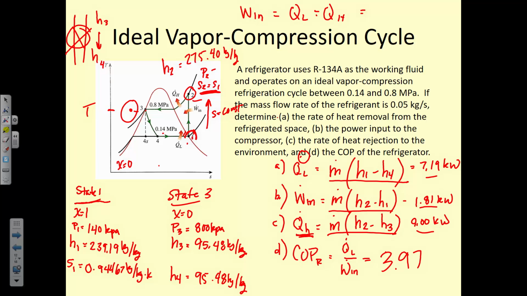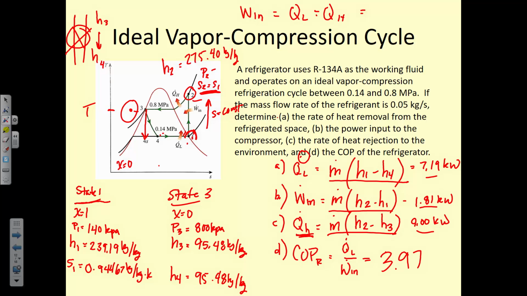So now instead of a constant enthalpy process, we are going to follow a constant entropy process. How does it change our analysis? You'll have to find the quality of state 4 because it's a mixture. You'll have to find the values at 140 kilopascals.